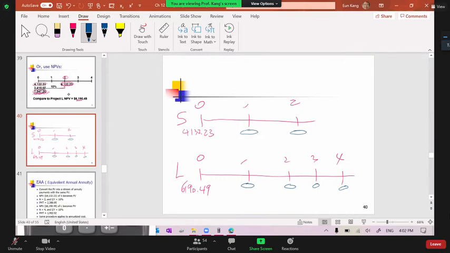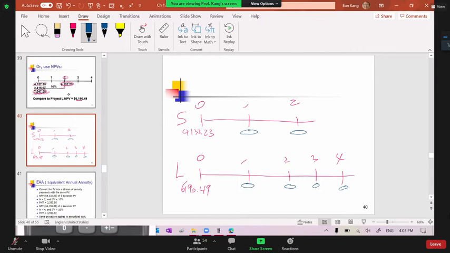Yeah, like, divide 4132.23 by 2 and 6190.49 by 4. The concept is correct, but that's not correct. Why? Oh, okay, so I have to discount it. Oh, okay, so divide it first and then move the cash flow in each year, right? Oh, that's more sophisticated. Okay.